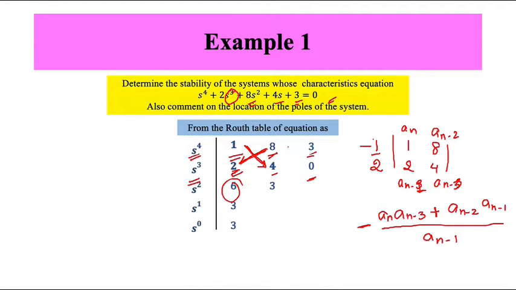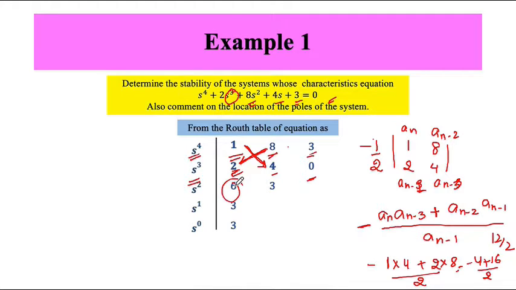Basically if I put the values, it is minus (1 into 4 minus 2 into 8) divided by 2. So it is minus 4 plus 16 divided by 2, that is 12 by 2. So I will get 6. So there is no sign change.